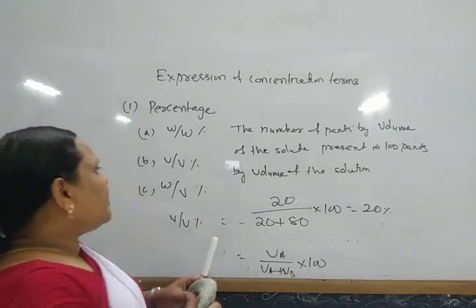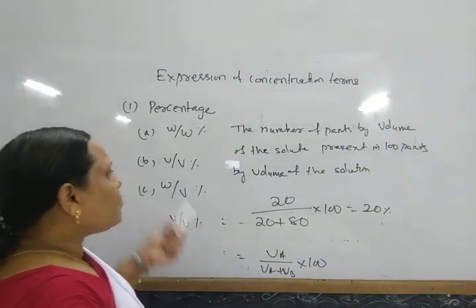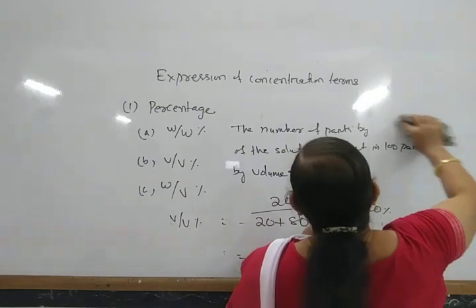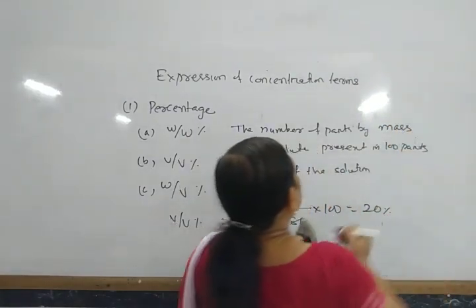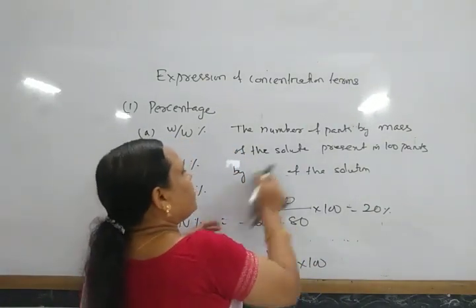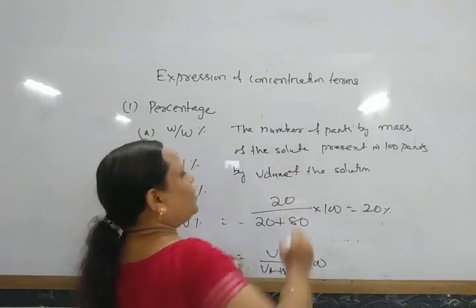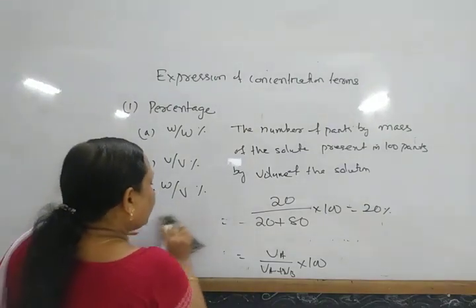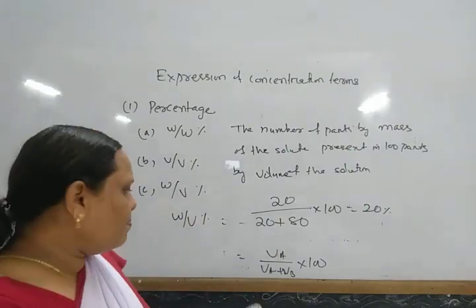Okay. Similarly, let's come to weight by volume percentage. For weight by volume percentage, the number of parts by mass of the solute present in 100 parts by volume of the solution is known as your weight by volume percentage.